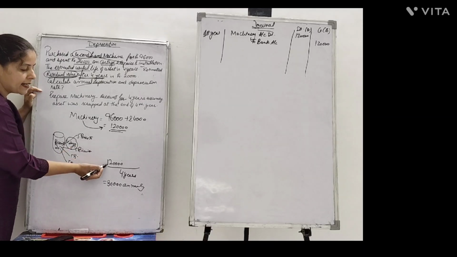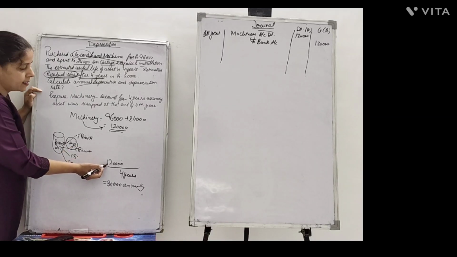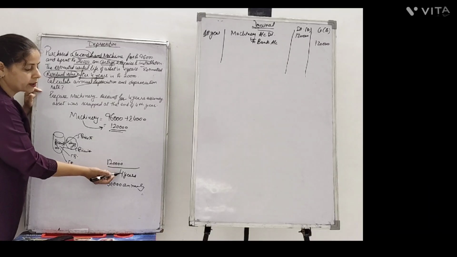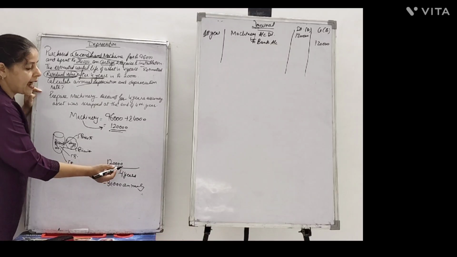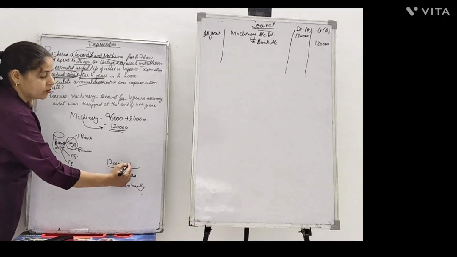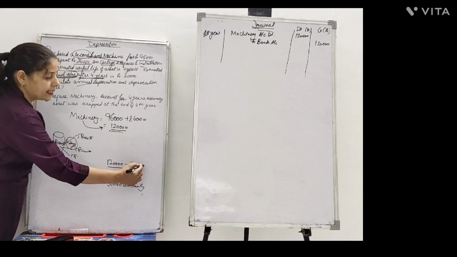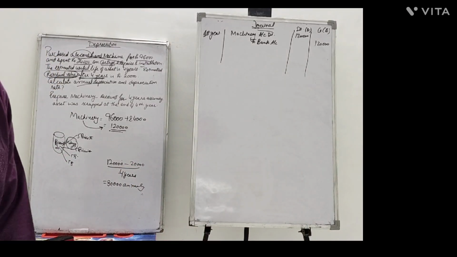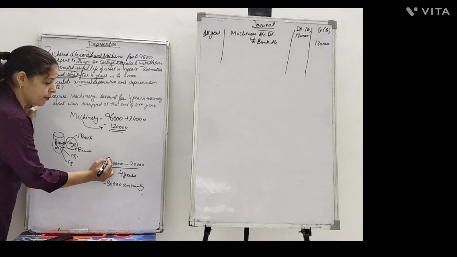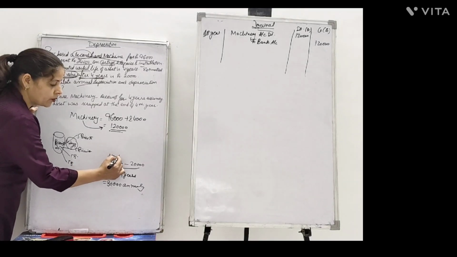That means this 1,20,000 asset, when we use it for 4 years, then after the end of the 4th year, it will have a scrap value of rupees 20,000.